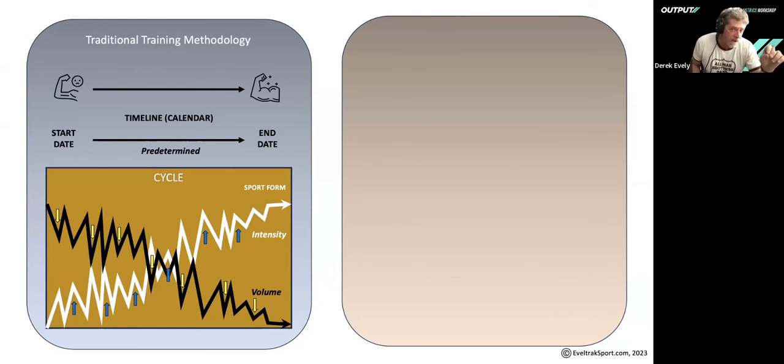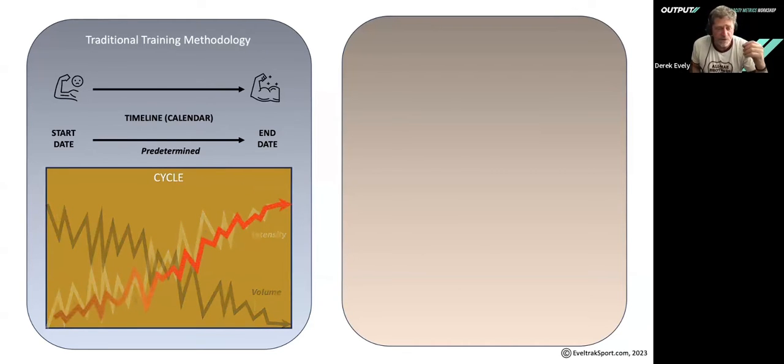And again, more enlightened coaches that are doing a more modern type of training, those waves, the peaks and the waves tend to be smaller, but they're still there. And this is really what separates the Bondarchuk system from a traditional methodology.